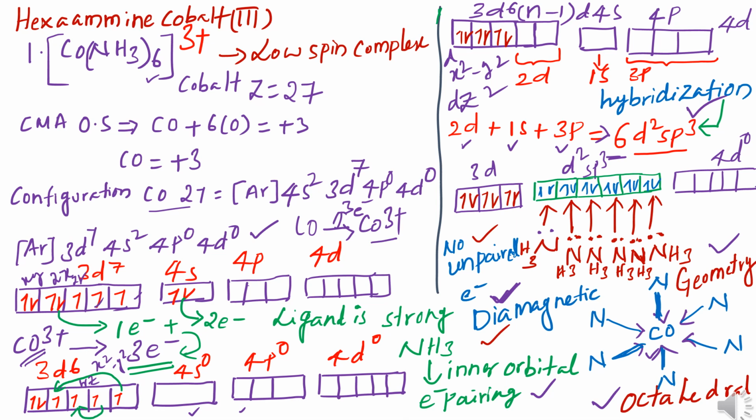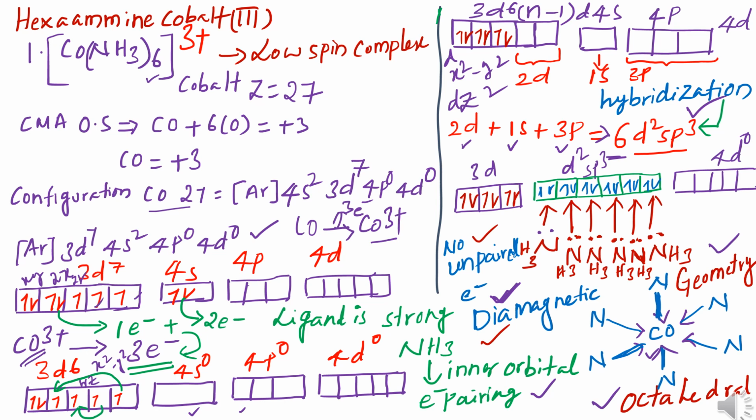This electron will pair up with the next orbital electron, dyz. You can write dyz here. This is dxz or zx, you can say.